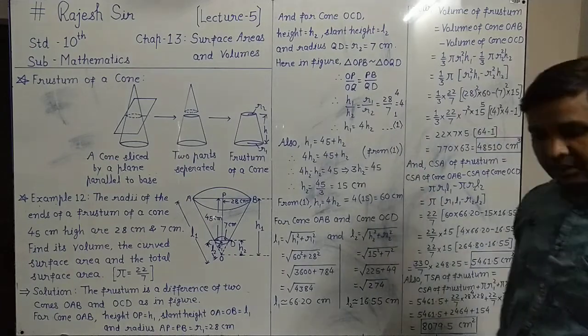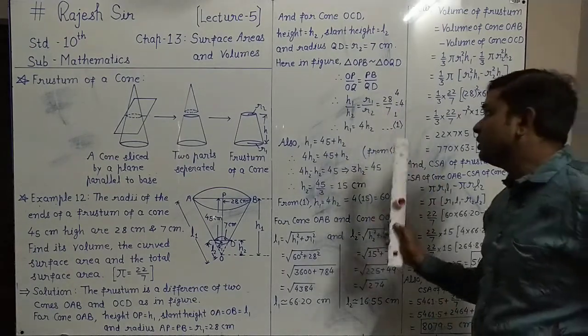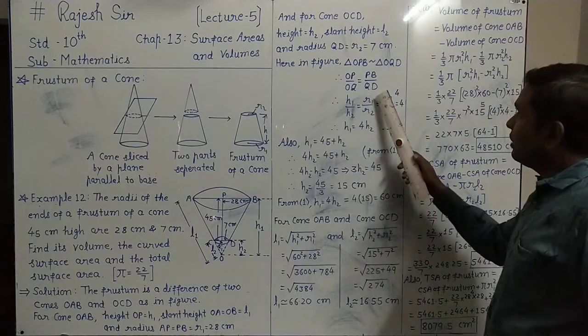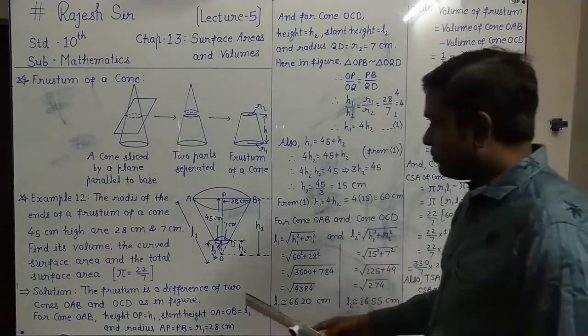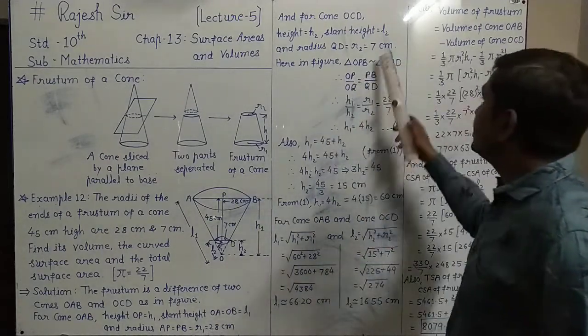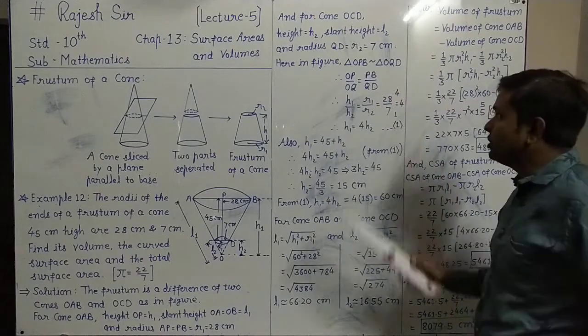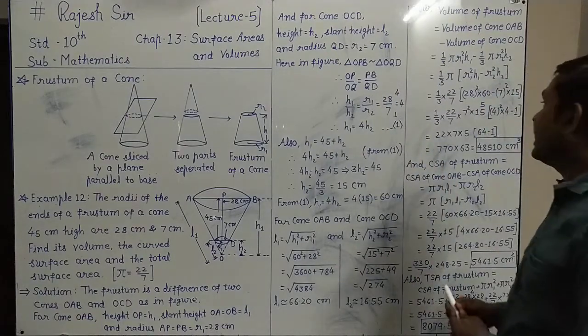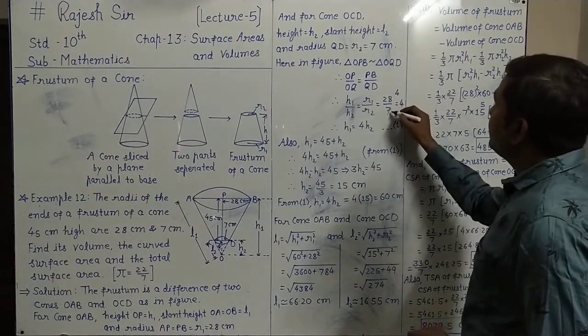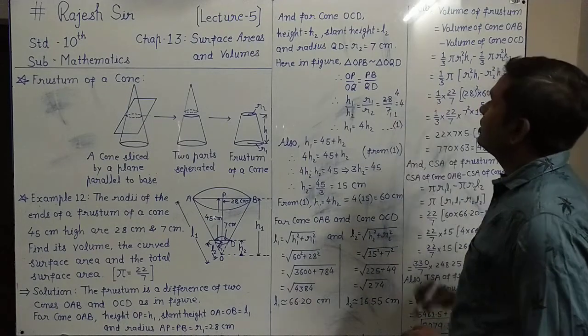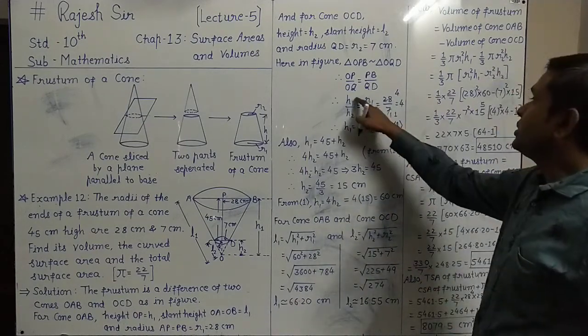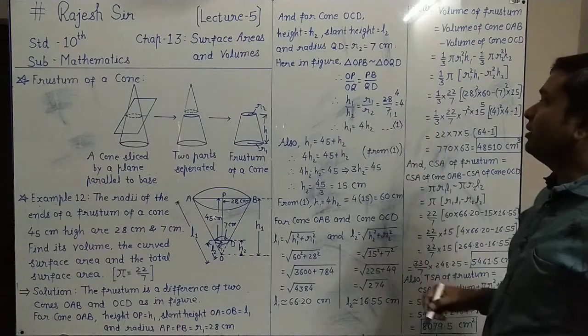So usual notations we have used. R1 and R2 are given actually. R1 is 28, R2 is 7, so you place 28 upon 7. Then we can cancel it by 7: 7 ones are 7, 7 fours are 28. So H1 upon H2 equals 4.